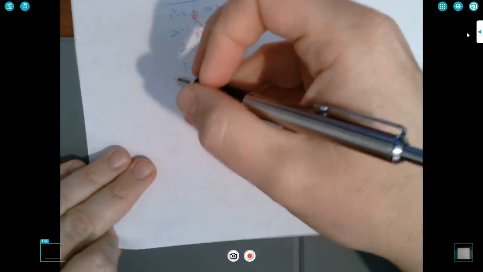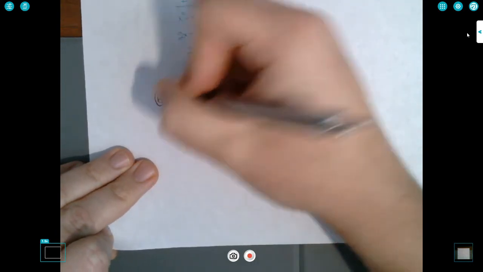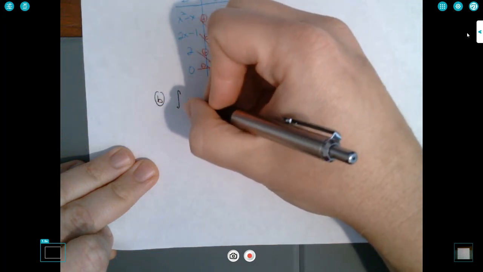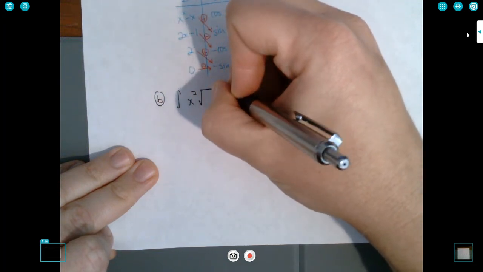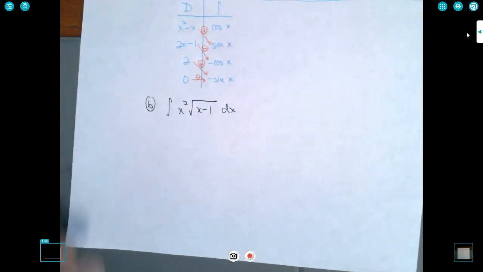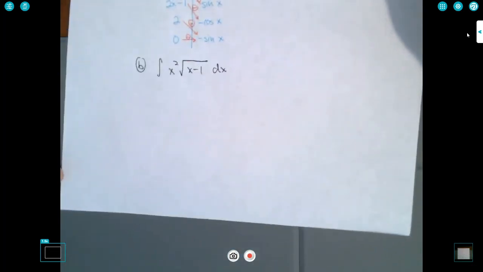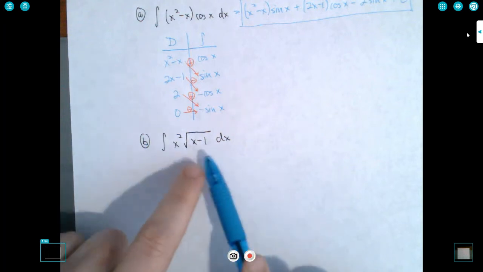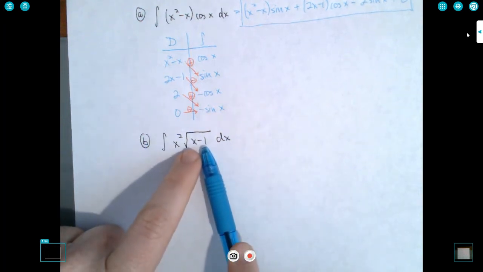Here's another one. So let's integrate x squared times the square root of x minus 1 dx. Now here you've got two algebraic functions, so LIATE doesn't really help us figure out which one to differentiate, which one to let u be. But I can think of this as (x minus 1) to the 1/2 power.